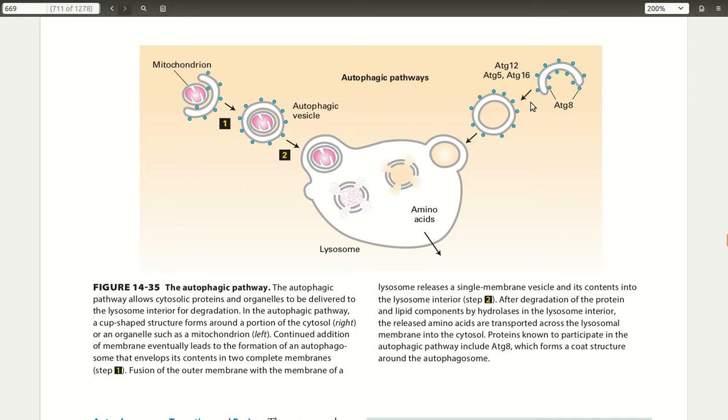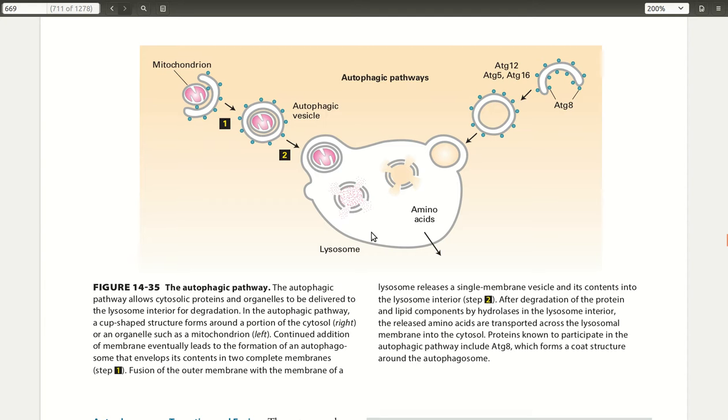and you have these proteins on the outer part of the membrane called the ATG8, and they'll basically help with the fusion into the lysosome, after which the outer membrane of this double membrane autophagosome will become part of the lysosome, and the inner membrane will just be included inside of this vesicle in the lysosome.